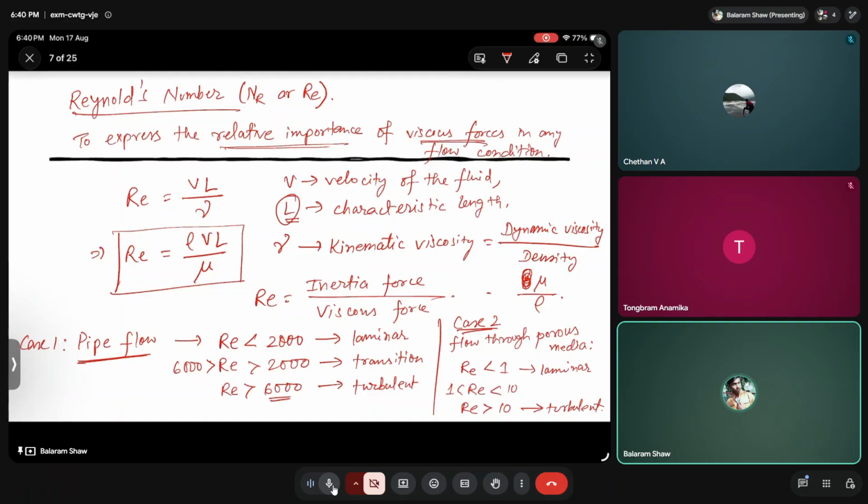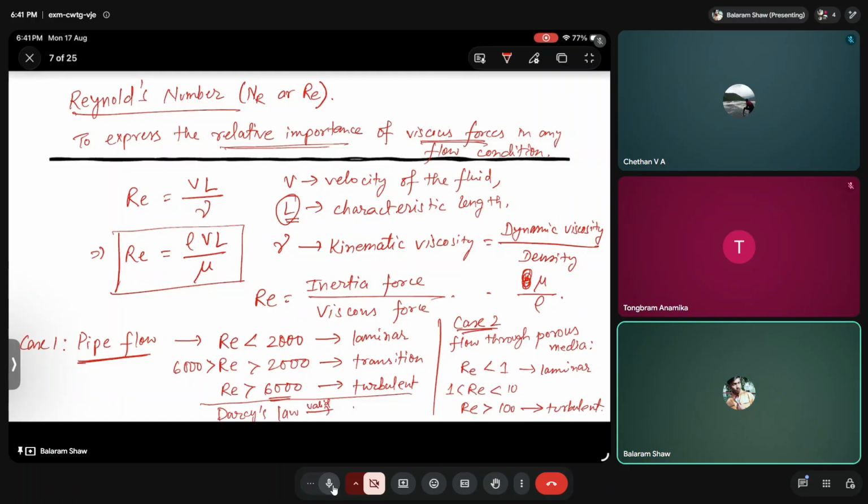But if you talk about Darcy's law, if you want to see whether Darcy's law is valid or not, Darcy's law is valid only till Reynolds number less than 10. Okay, so we'll only focus till Reynolds number less than 10.